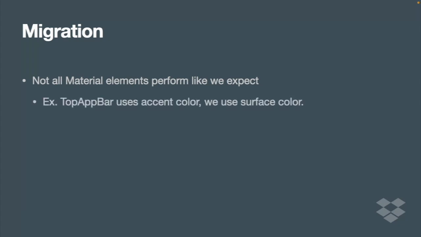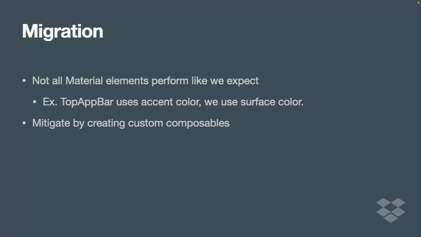I mentioned I wanted that escape hatch, an ability to migrate away from Material Compose. Part of the reason for that is that not all Material components perform like we expect. For instance, in Material's design system, the top app bar uses the accent color for the background, whereas we use the surface color, which is white in a light screen.